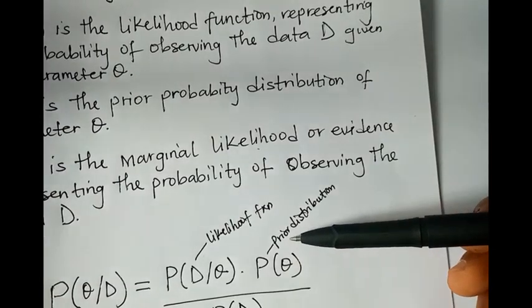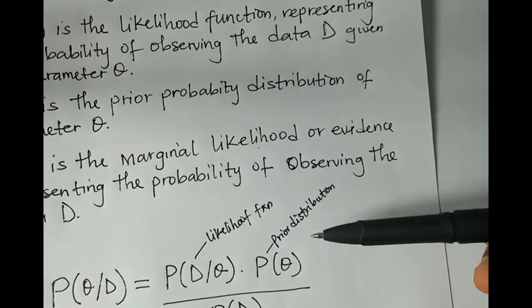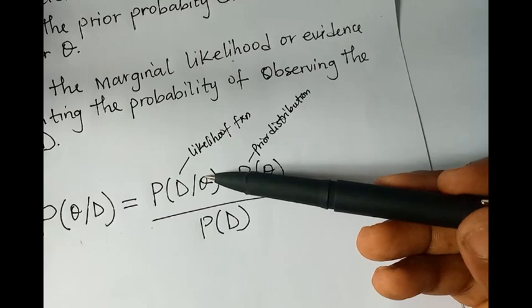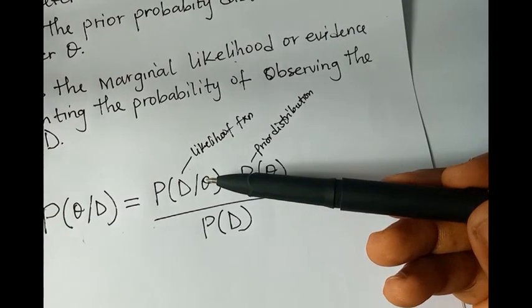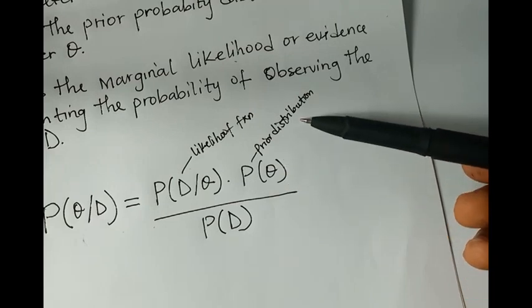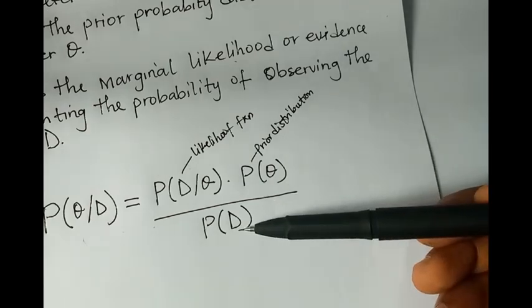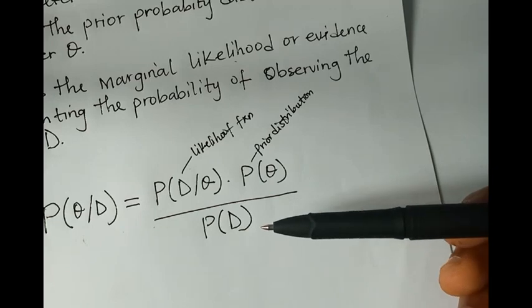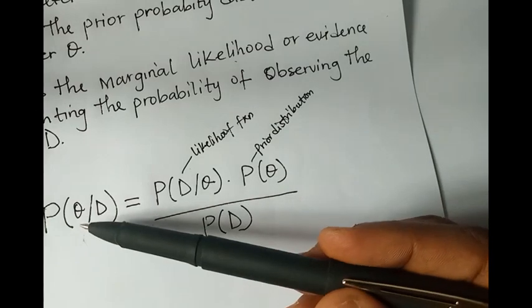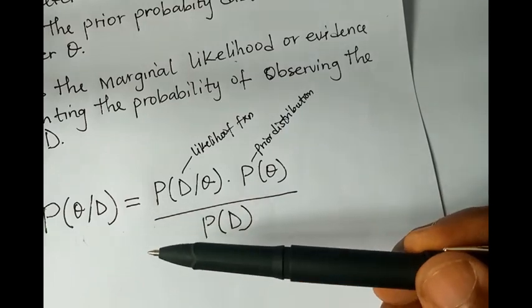So once you get the prior distribution, all you need to get the posterior probability is just to multiply the likelihood function of the distribution given and the prior distribution given all over the marginal likelihood. When you get all of these, you get the posterior probability. So it's quite simple.